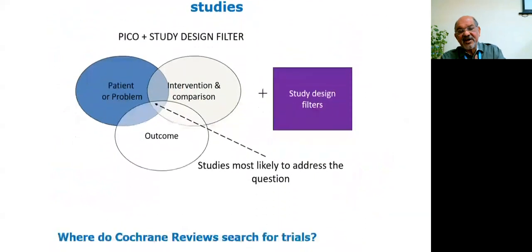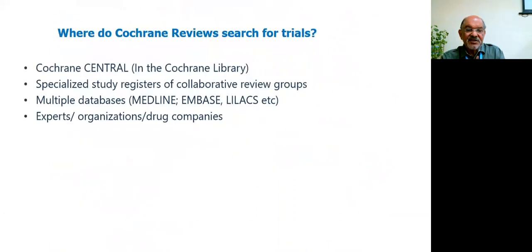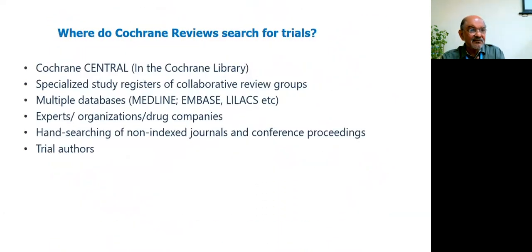And then we had our search strategy. Cochrane searches multiple databases because often the overlap is not very much. Embase is a European database. PubMed, Index Medicus, is the North American database. So you may find trials in one that you won't find in the other, so you've got to search for that. We ask experts, and we hand search many journals which are not indexed.